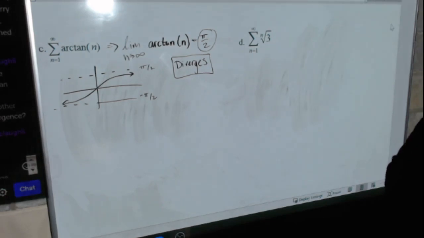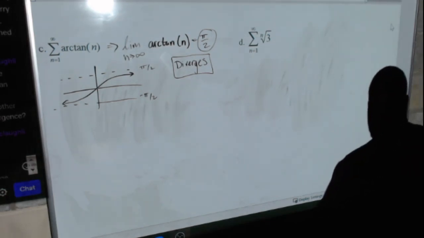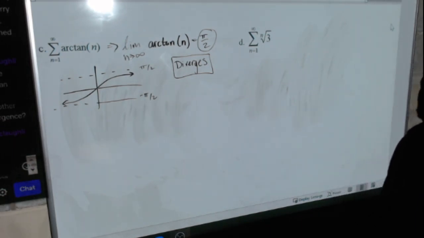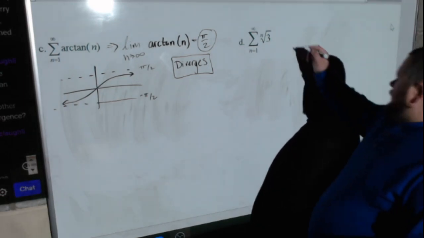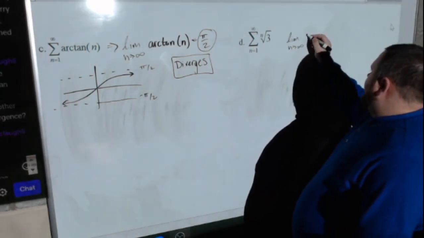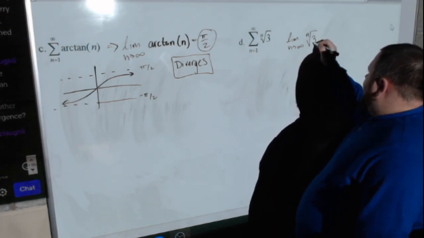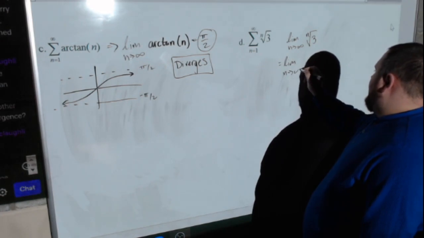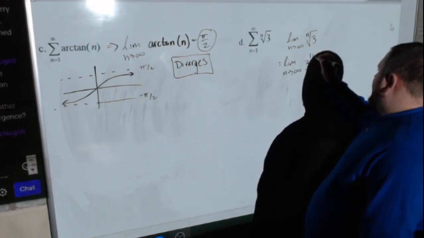So typically I would give you D here to do. I'll go ahead and do it. So again, I need the limit as n approaches infinity of the nth root of 3. You can rewrite that as 3 to the 1 over n.